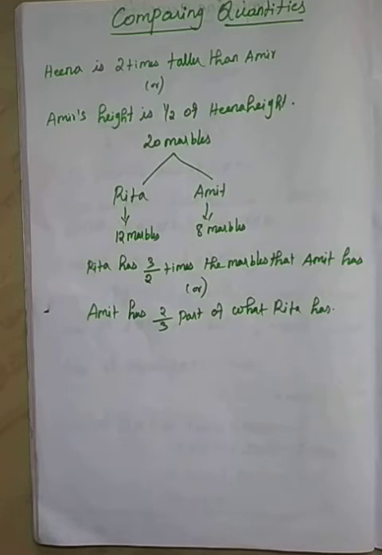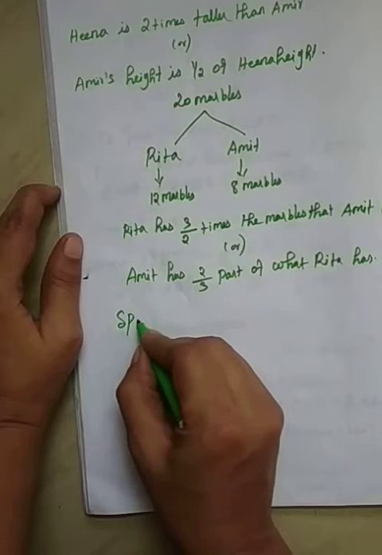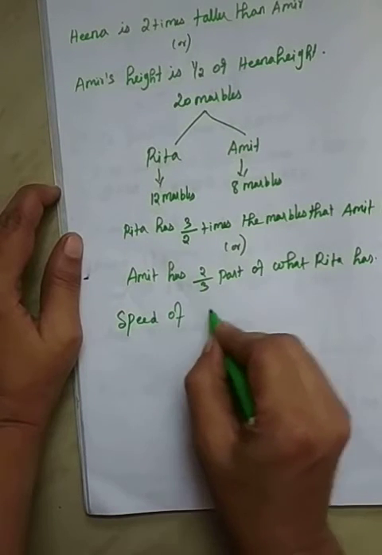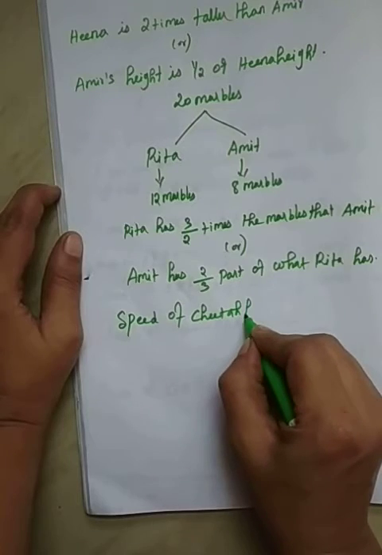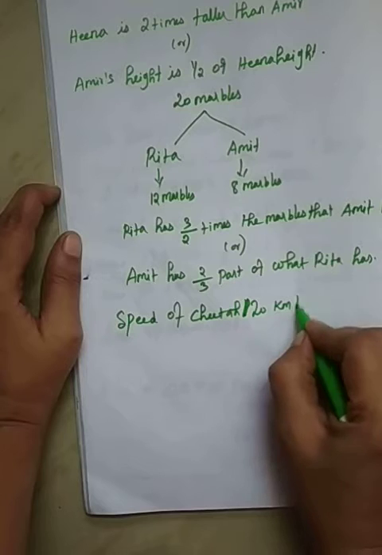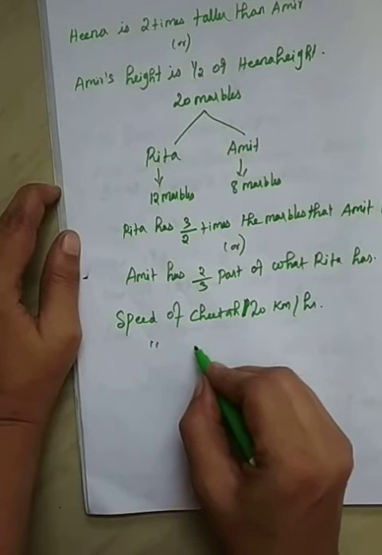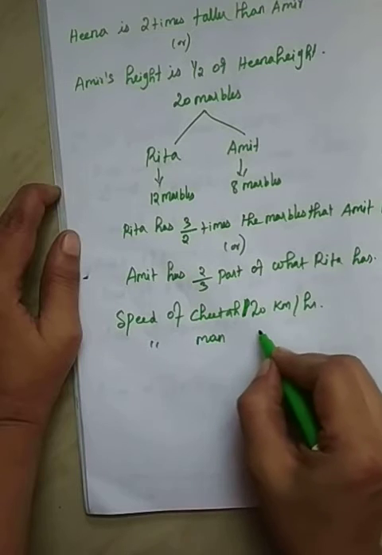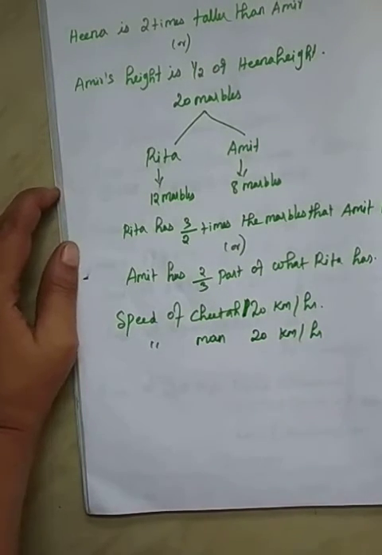Clear everybody? You have to consider the speed of the cheetah, 120 kilometers per hour. So we have to say that the speed of the man is 20 kilometers per hour.